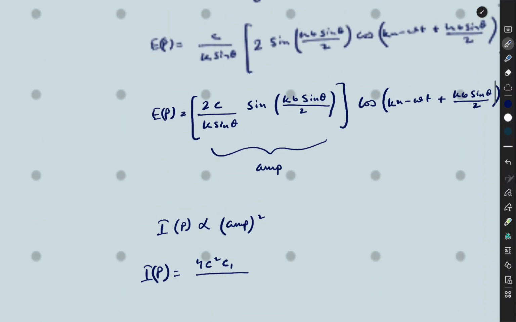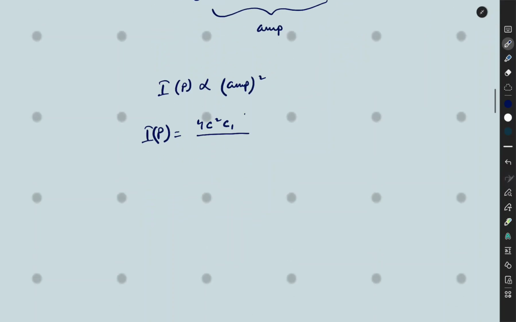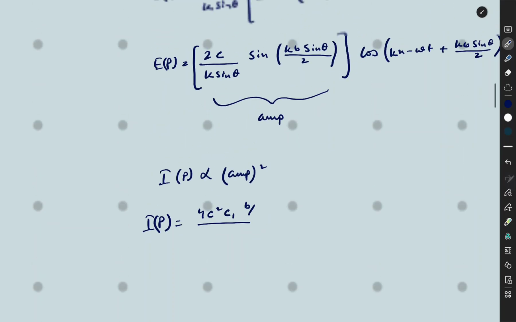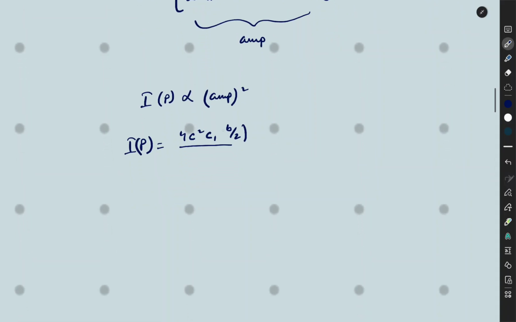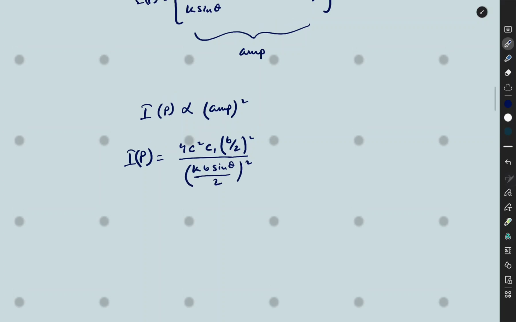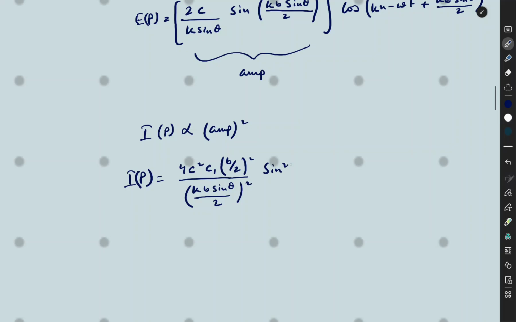Let us divide and multiply by b by 2 to make this term in the denominator itself. So b by 2 whole square, and then kb sine theta by 2 whole square, and then sine square of kb sine theta by 2.